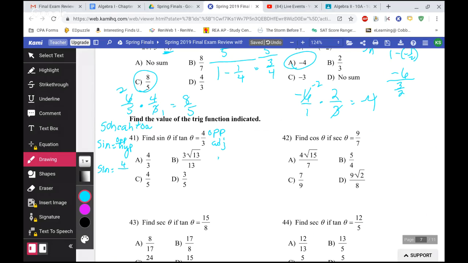So 4 squared plus 3 squared equals h squared. So 16 plus 9 equals h squared. So 25 equals h squared. Then you take the square root of both sides, and 5 equals h. So now you have your hypotenuse value, which is 5. So sine theta is 4/5.